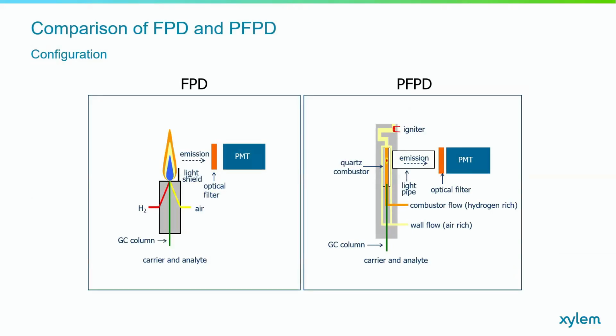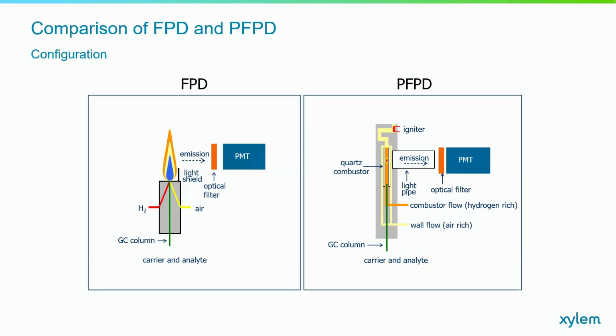So before we go into what makes the PFPD, I think it's helpful to get an overview of the traditional FPD versus the pulsed flame photometric detector and what separates them. Before we look at what separates them, they're actually very similar in practice. In both cases, the combustion gas is a mixture of ultra high purity hydrogen and air.